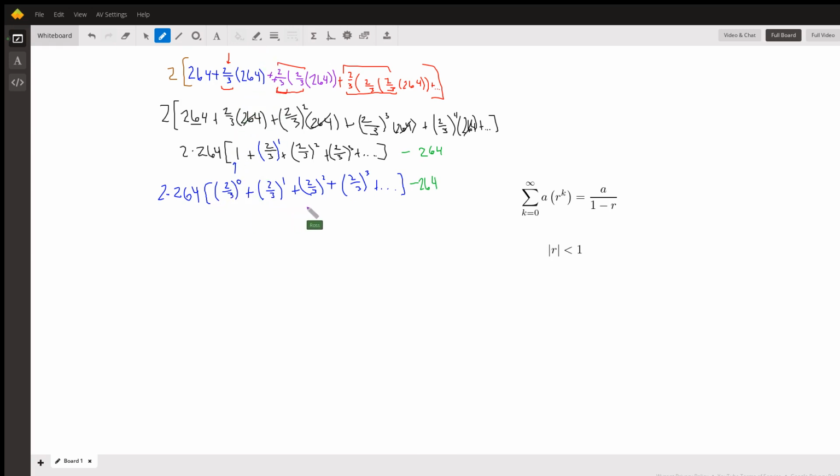Based on these values, what can I do here? Well, when I have a series, I want to have a pattern that I can follow. And so what I notice here, if I want an infinite series with a sum from n equals 0 to infinity, the common ratio I have is 2/3.